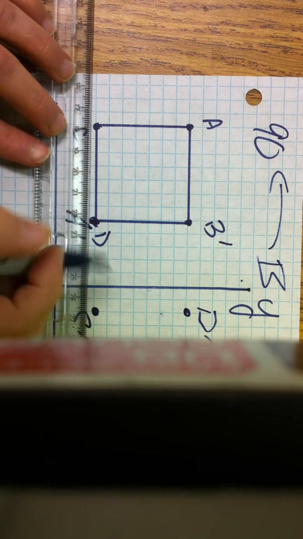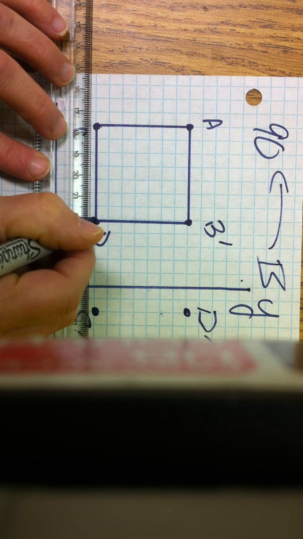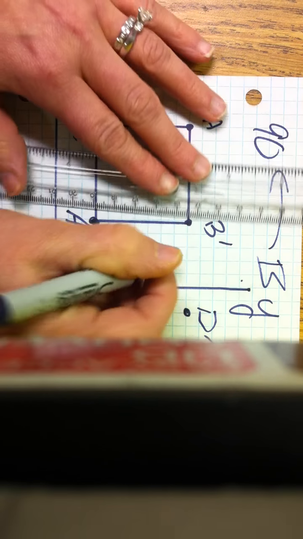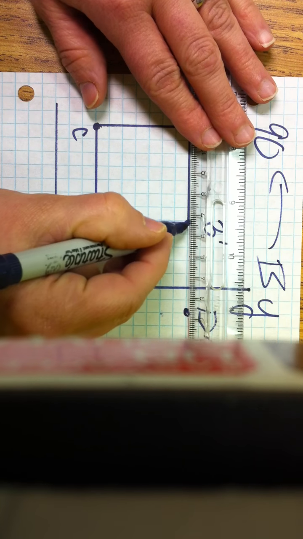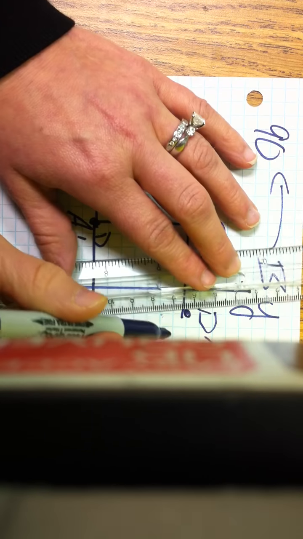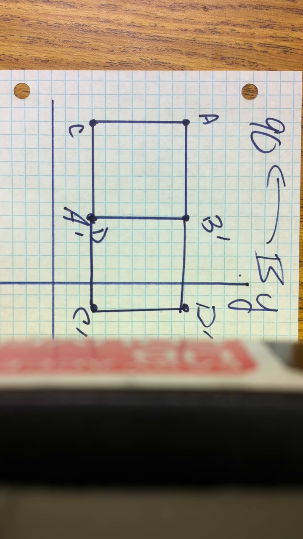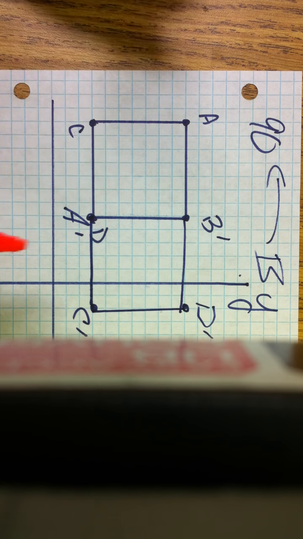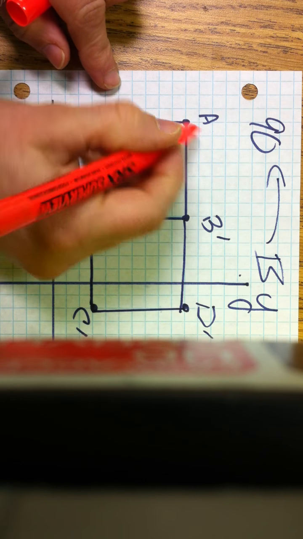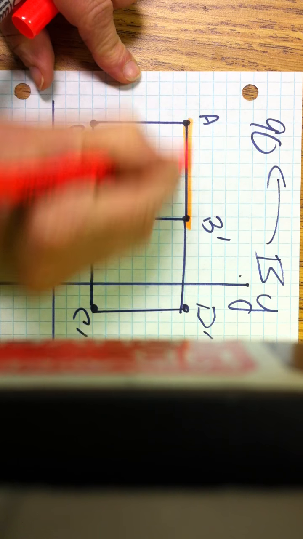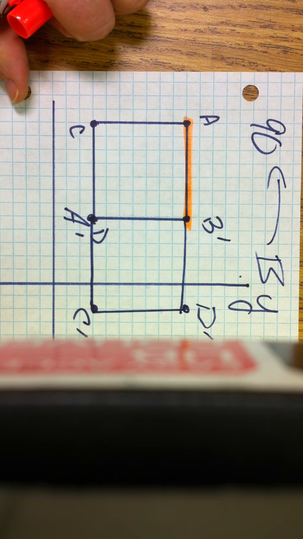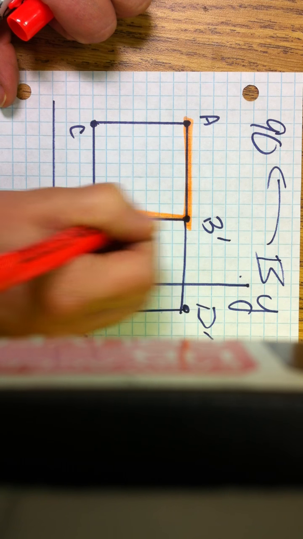So I'm going to connect my dots and double check myself and make sure I rotated it correctly. And so to check myself, I should have rotated 90 degrees. So that means that my old side AB right here should form a 90-degree angle with my new side AB, which it does.